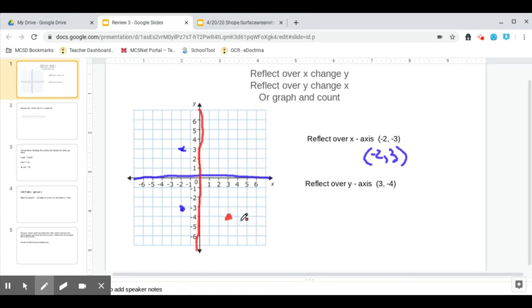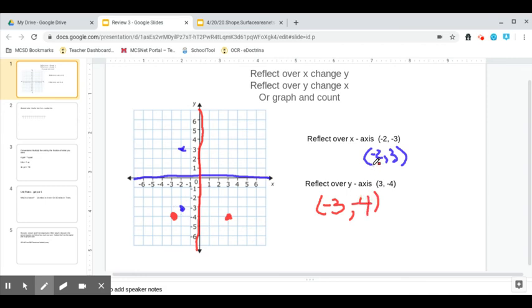So if I reflect it, that would put me on the left of it. I am 1, 2, 3 to the right. Let's move it 1, 2, 3 to the left. And my new coordinate is 1, 2, 3 left. So that's -3. And I am still down 1, 2, 3, 4.